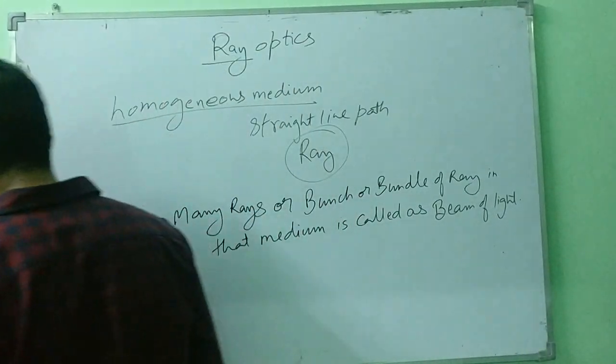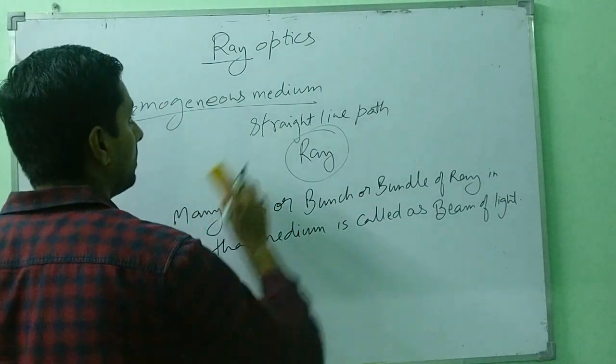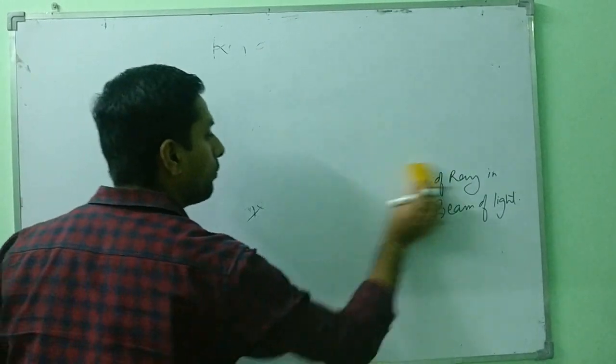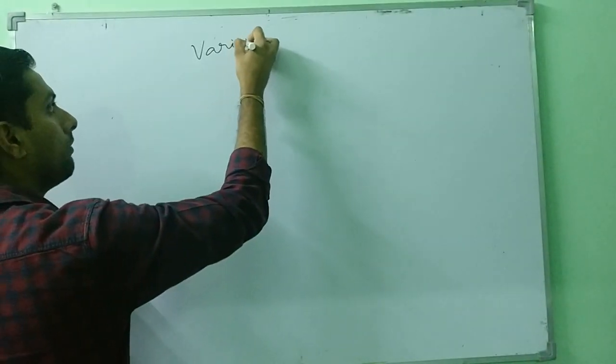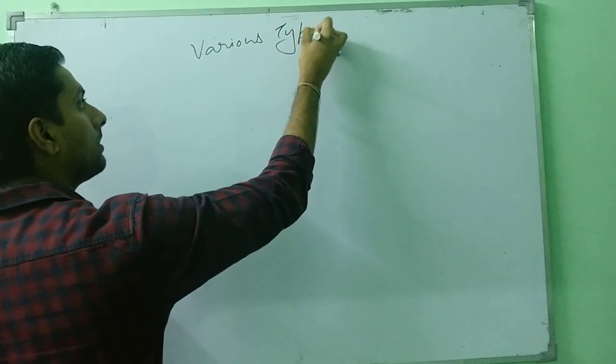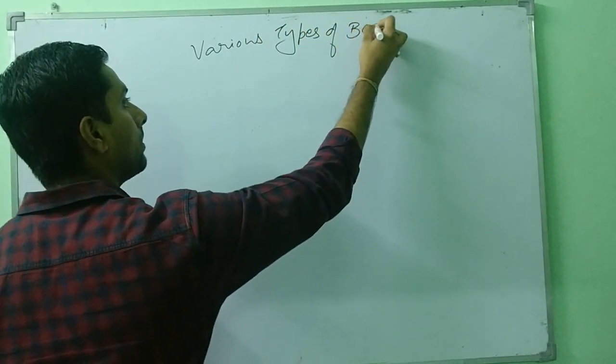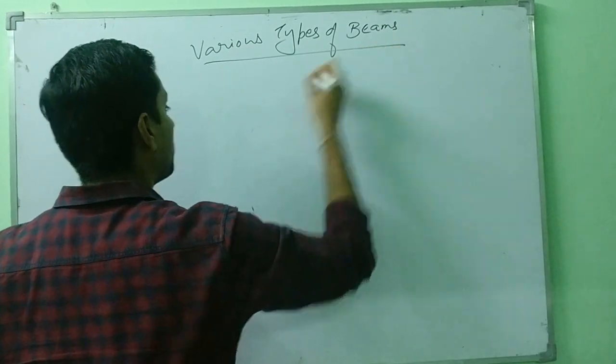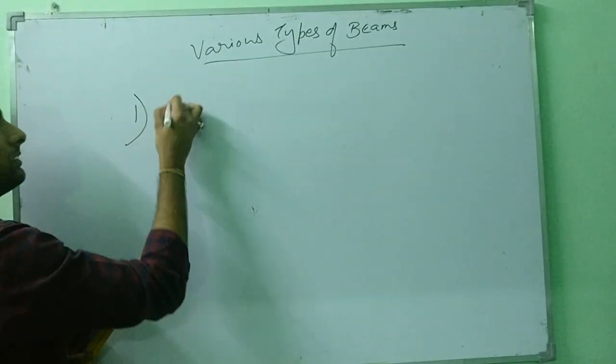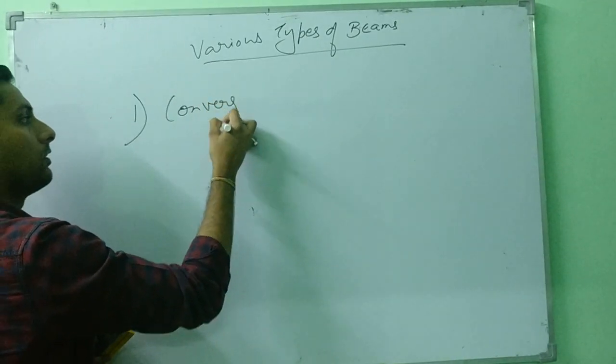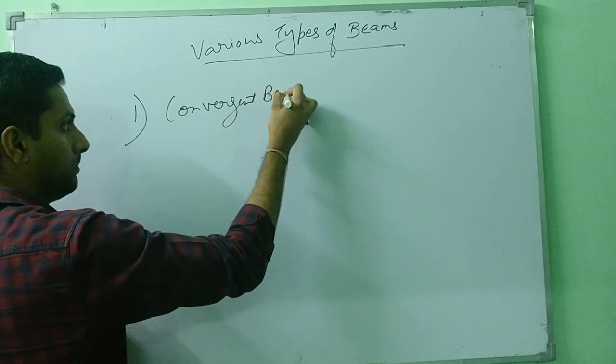There are various types of beams. One is the convergent beam.